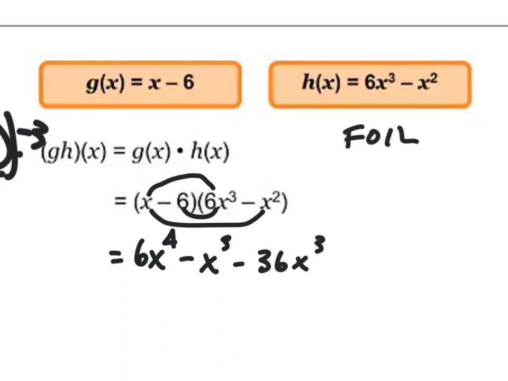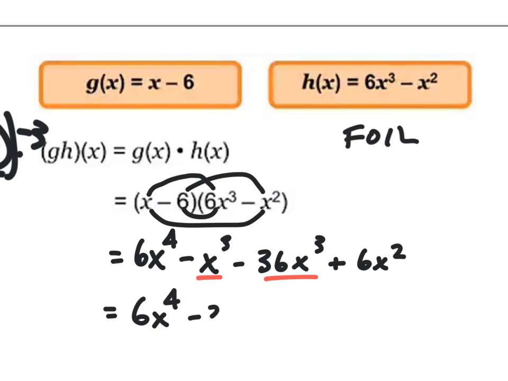And then we do our last, negative 6 times negative x squared, and that's going to give us positive 6x squared. Now we can combine like terms in the middle because they both have an x cubed, and we get 6x to the 4th minus 37x cubed plus 6x squared.